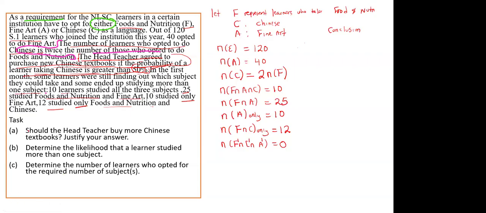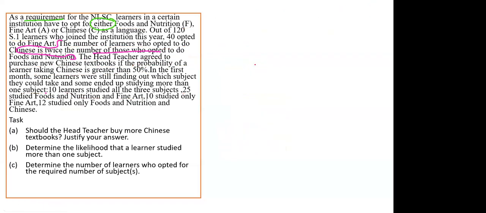Now from there, the task was asking, should the head teacher buy more Chinese textbooks? So remember, the condition for us to buy is that it must be greater than 50. So from there, I come and write my heading here. Because we have said we must write the heading, you say Venn diagram showing, or sometimes you can say representing, any word like that.